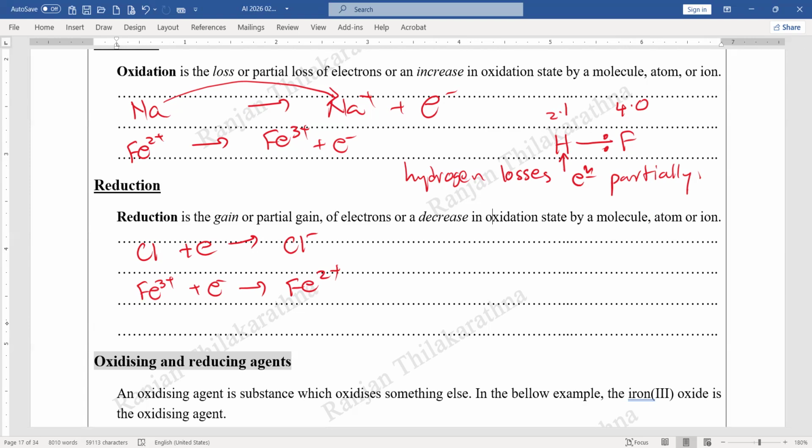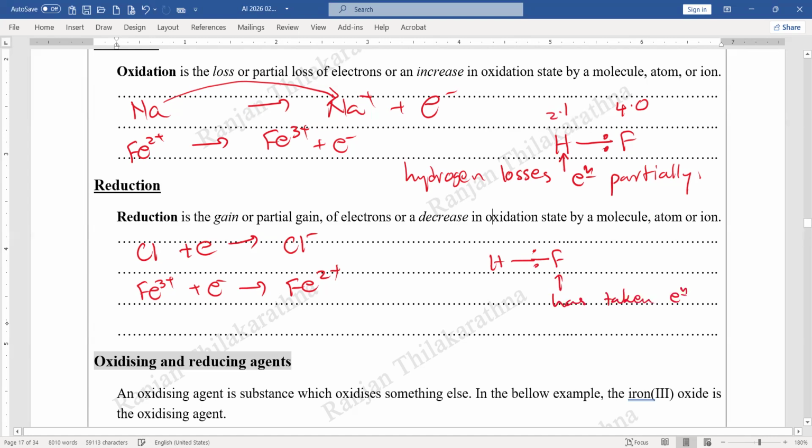In this case, it has been taken again. Here, fluorine has partially taken an electron. It is reduction.